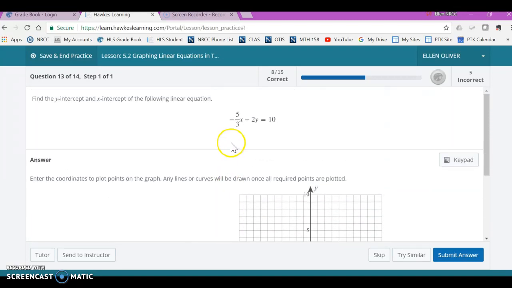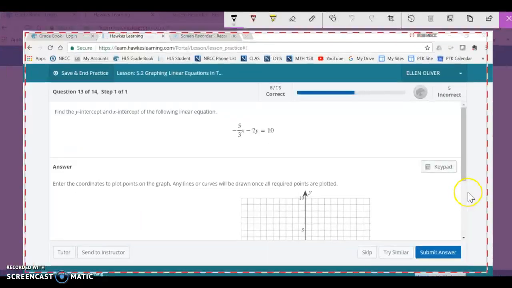Now, if I'm plugging in y equals 0, let me actually show you that one. y equals 0, so I'll have negative 5/3 x equals 10, right? Because if y is 0, that just goes away. So to undo your multiplication by negative 5/3, you're going to multiply by the reciprocal, which is negative 3/5, on both sides.